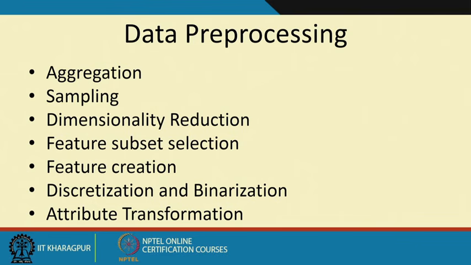The other preprocessing operation is, sometimes you may have to discretize the value, and the direct continuous value may not be useful. For example, age range, okay, these kind of things you may have to discretize or binarize. Similarly, you may also have to do attribute transformation, you may have to transform the attributes.